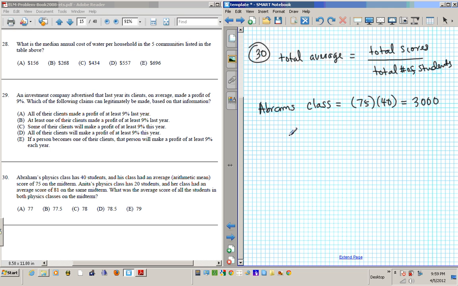Right? In Abram's class. The reason why we did this is because if you wanted to get the average, you divide the total scores by the total number of students, right? But if you want to get the total score, you do the opposite of dividing, which is you multiply the average by the total number of students, okay? 3,000 is the score for Abram's class, and then for Anita's class, what you do is you multiply the average, which is 81, by the total number of students, which is 20.